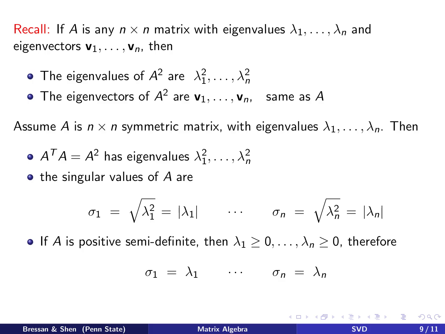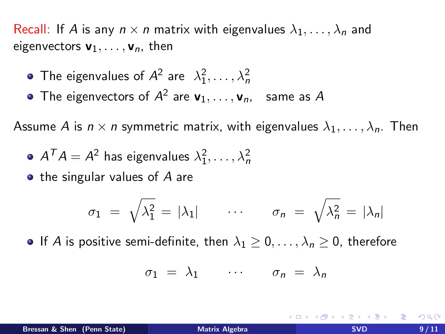And then in the case where A is an n by n symmetric matrix with eigenvalues lambda 1 to lambda n, we will have the following. A transpose times A would be just A squared, and it will have eigenvalues lambda 1 squared to lambda n squared.